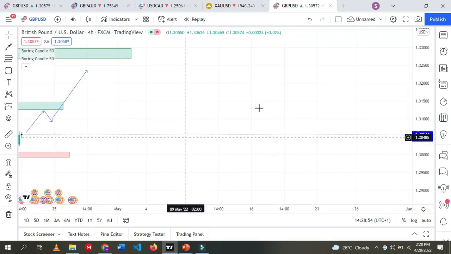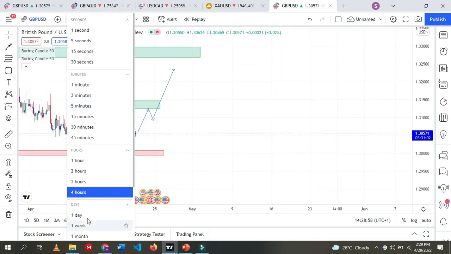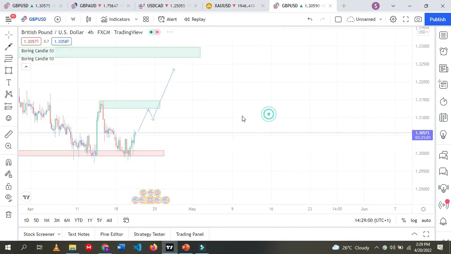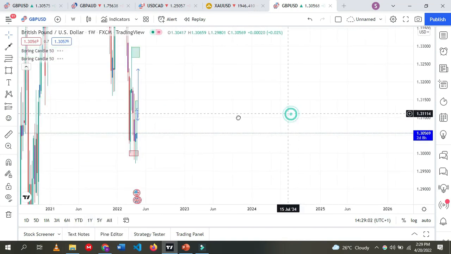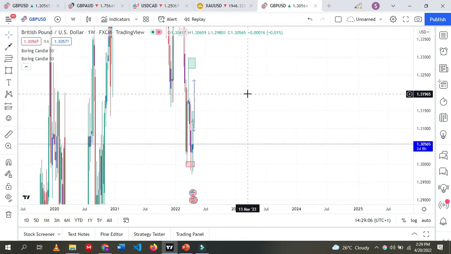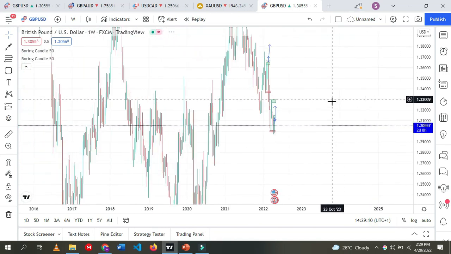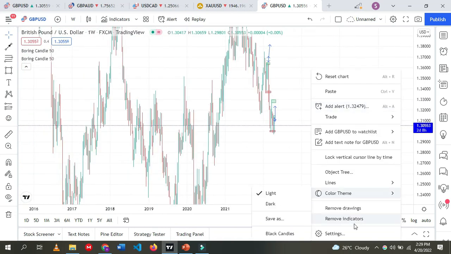So let me go to the weekly to explain support and resistance better. Let me do another example of support and resistance. Let me remove all drawings.